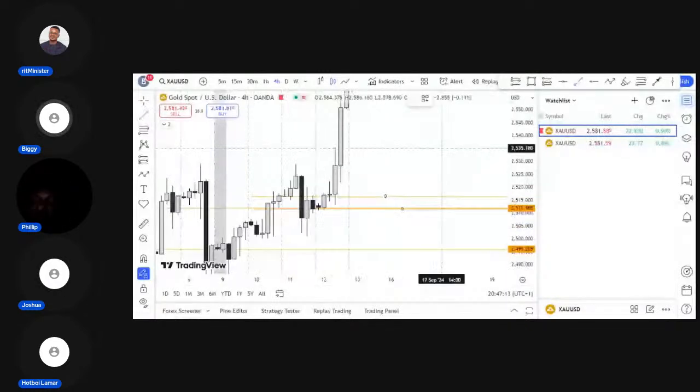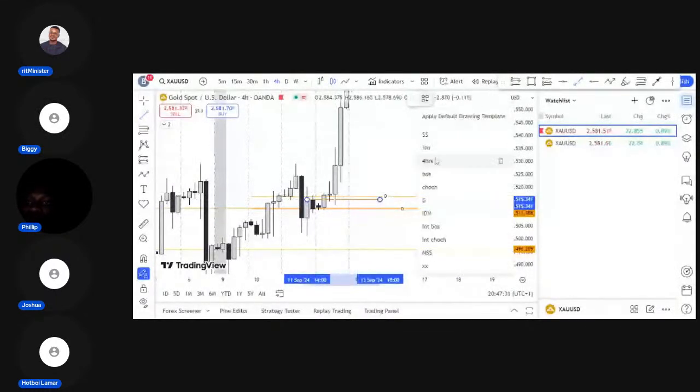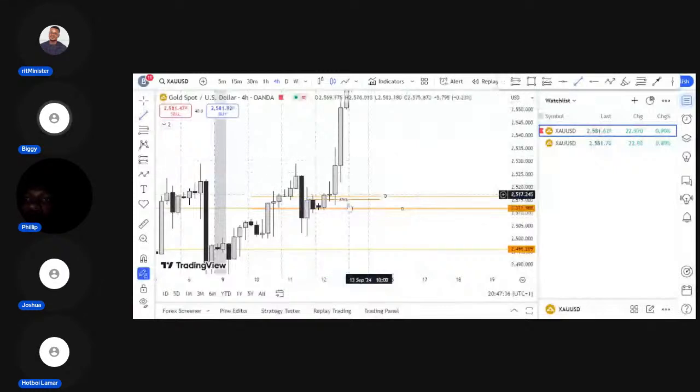It had a retracement before we broke out. So this is the recent zone on the 4 hours. For me, that is the point where I will mark and then look for entries.